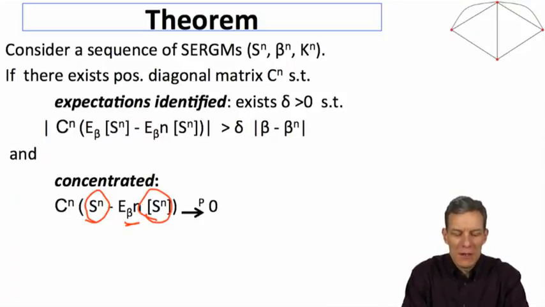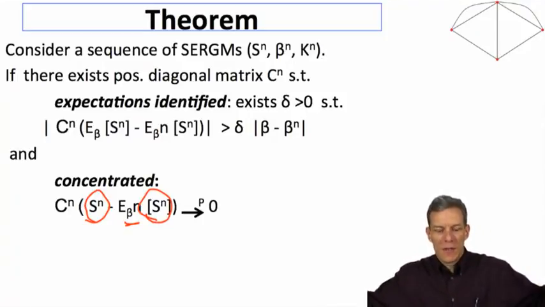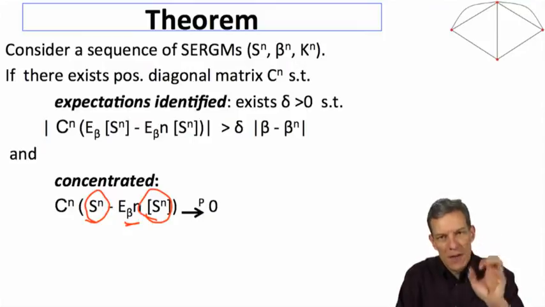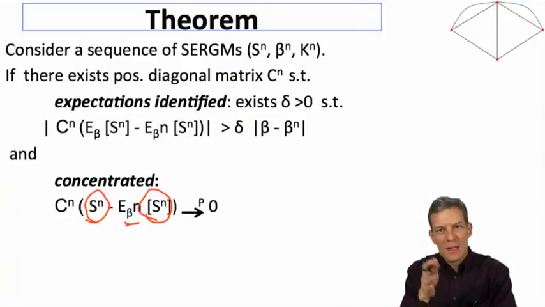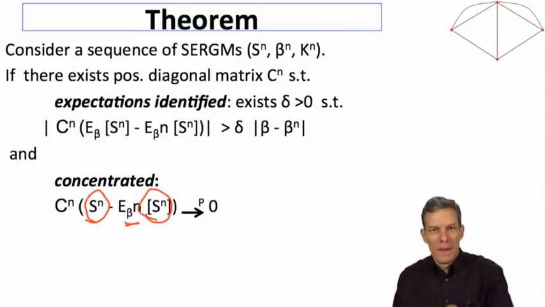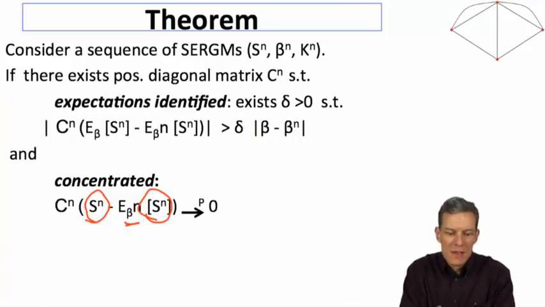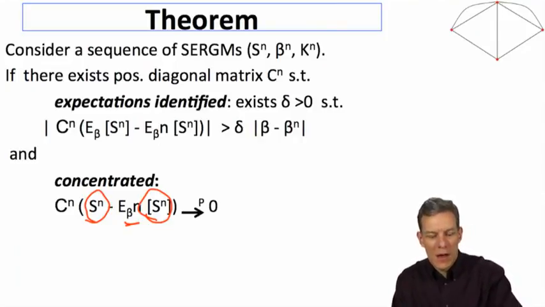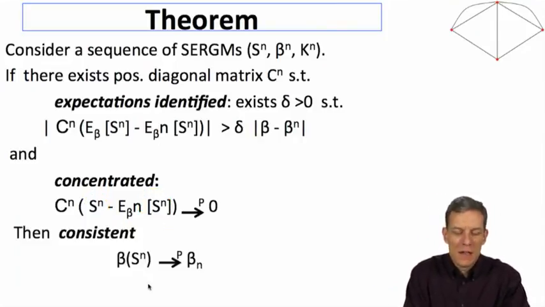So the concentration is going to say that as the system gets larger and larger, nature has to be generating statistics which get more and more accurate. So now we've got accurate statistics, plus as we vary beta, the expectation changes. Those two things then allow us to get a consistent estimator.